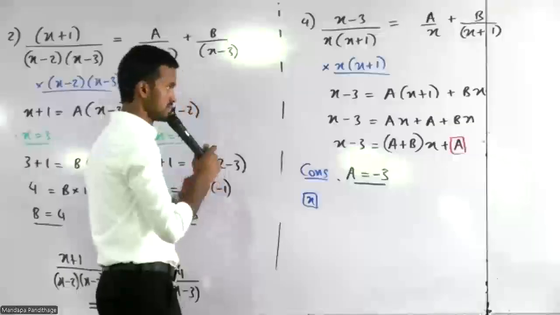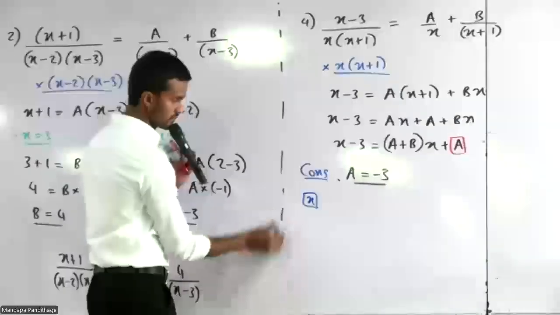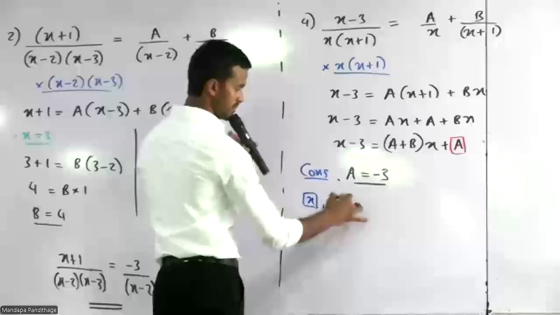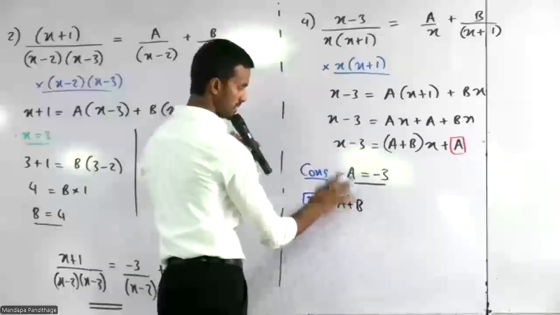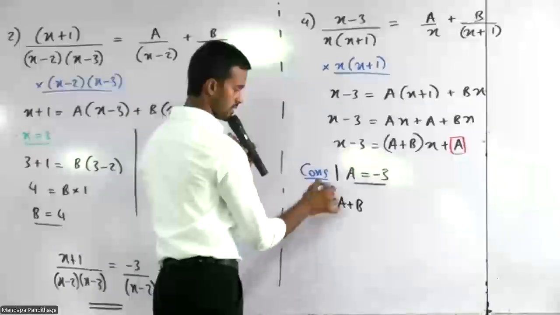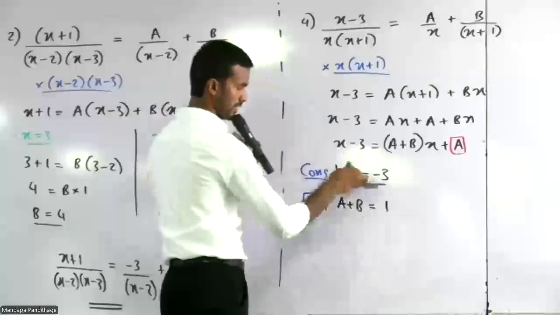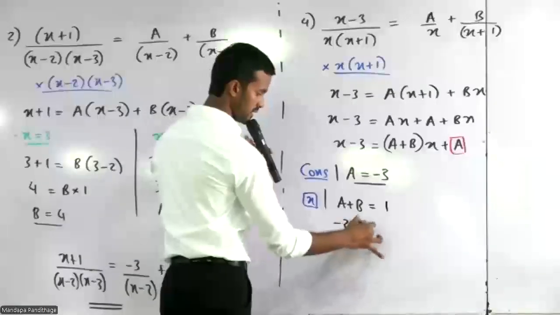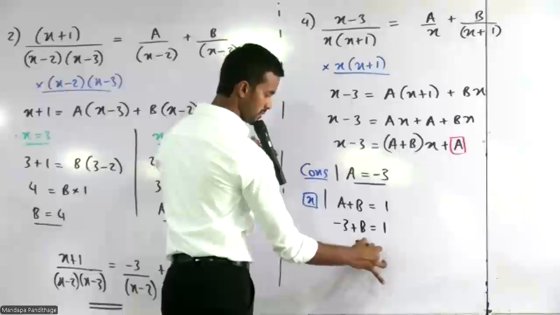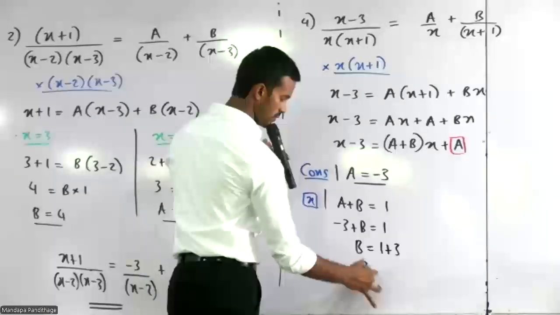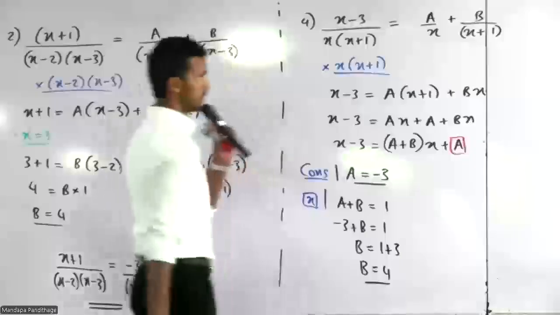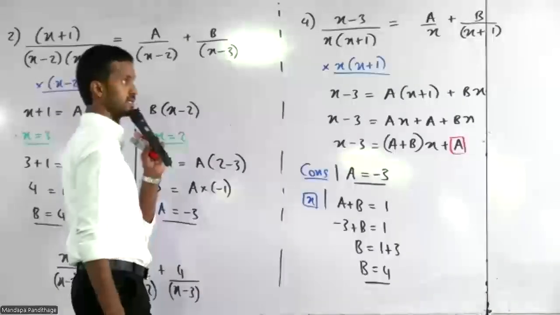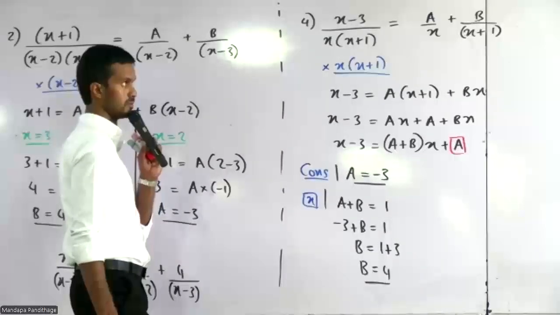Now when you consider x, there it's a plus b, it's equal to 1. A is minus 3. So b is equal to 1 plus 3, b is equal to 4. Is it what you get? A is equal to minus 3 and b is equal to 4.